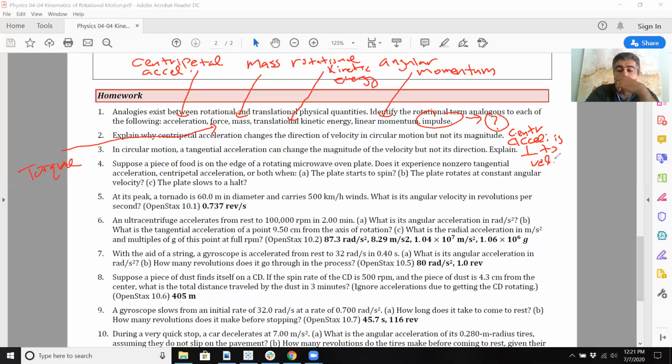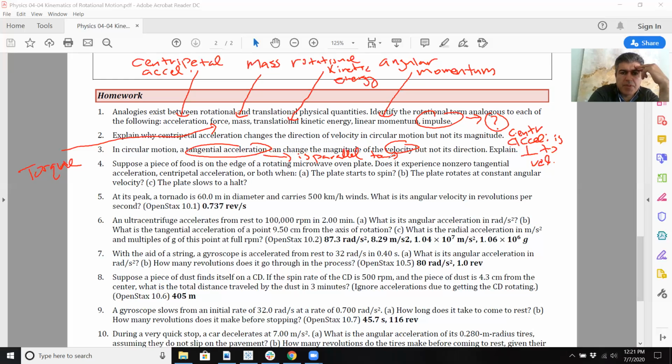So we're not going the same direction, so that's why it's not changing the magnitude, but it can change the direction. Then for 3, in circular motion, tangential acceleration can change magnitude, velocity, and its direction. That's because this right here is parallel to velocity. So it can't change direction because they're going the same direction, but it definitely can change magnitude.